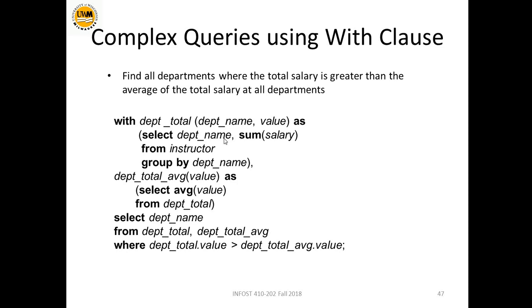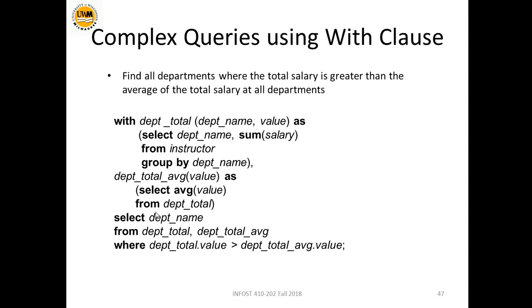And then we will create another table or relation called department total average with one column value as select average value from department total.